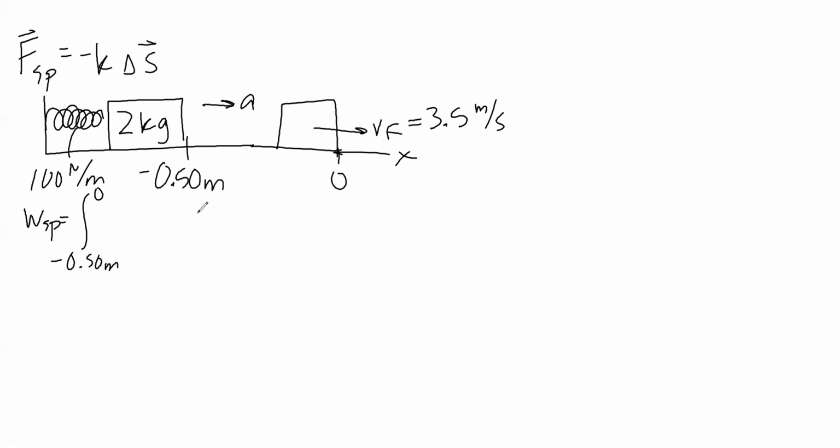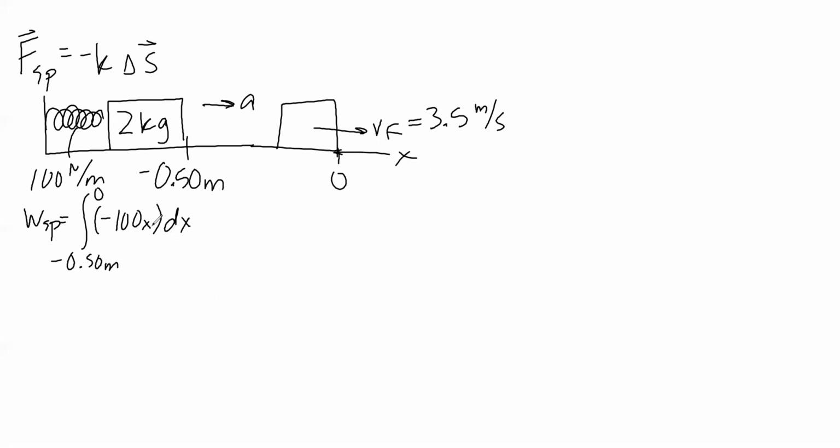You have to be careful when you're integrating this, because the force is positive, so the temptation is to just write kx, because you know the force is positive, but x is negative. And so we need Hooke's law. It will actually be minus 100x dx.